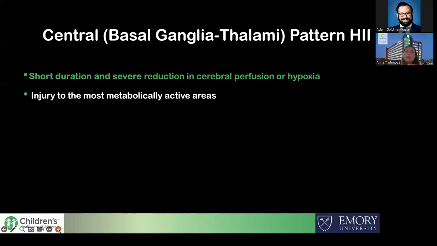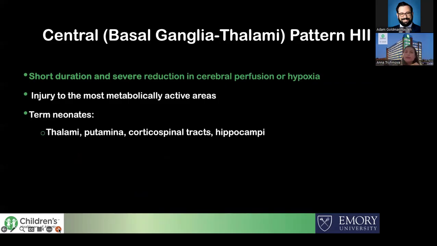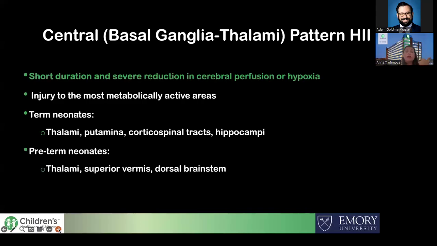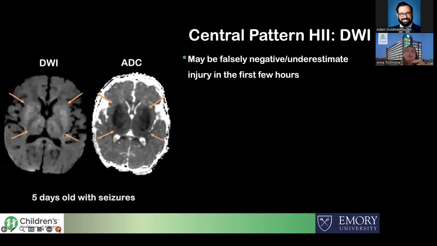What happens during this process is that injury occurs in the most metabolically active areas. In term neonates, that's going to be the thalami, basal ganglia, corticospinal tracts, and hippocampi, while in preterm neonates that can involve, in addition to the thalami, also the superior vermis and dorsal brain stem. So how are we going to see that on brain MRI?